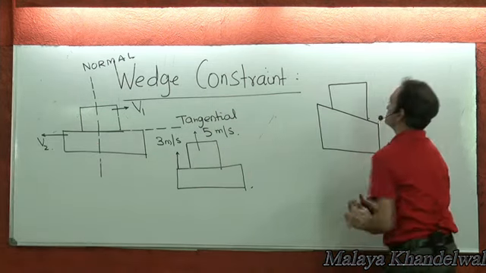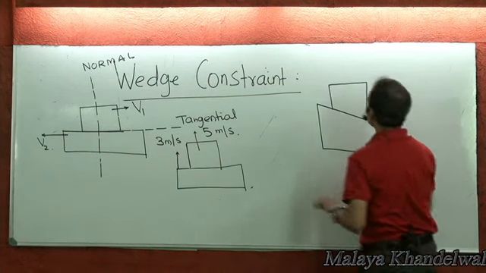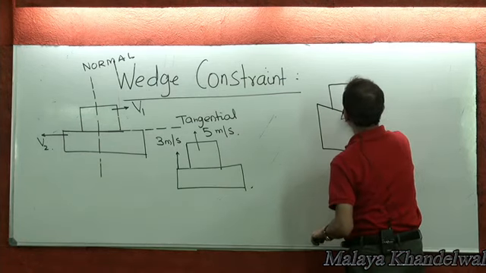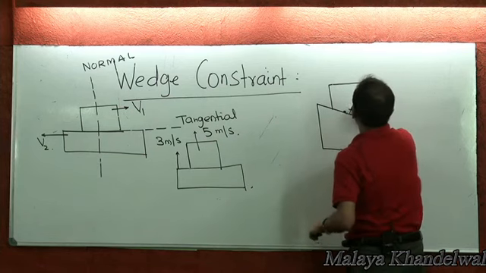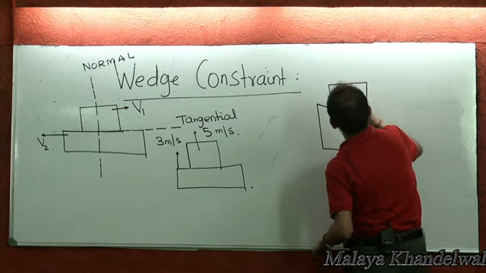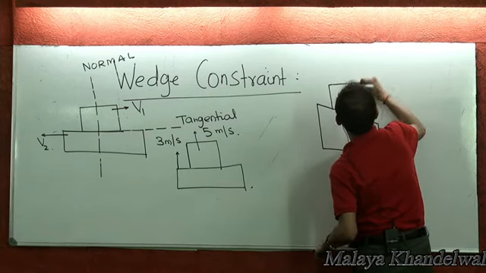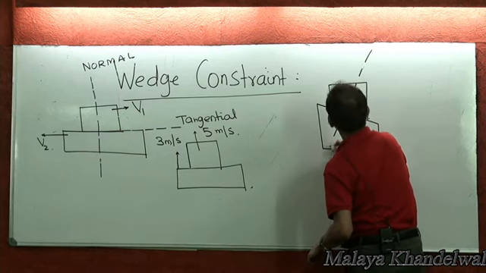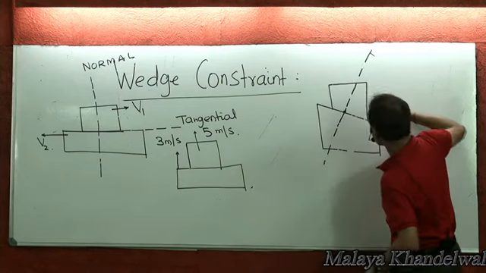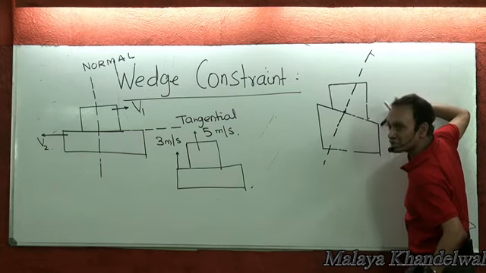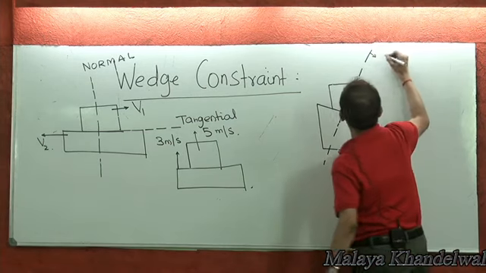Say, for example, this top body, and say this is the common normal direction. This is the tangential direction and this would be the normal direction.